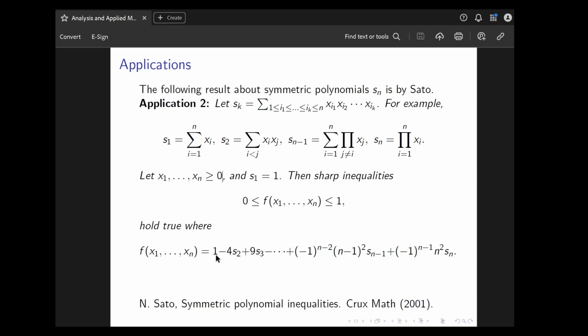The form is very interesting. 1 minus 4s2 plus 9s3, in general, minus 1 to the n minus 1, n squared sn. This is always between 0 and 1. Now, in view of the results of the current paper, I can give a completely different proof for this inequality, a completely different approach to this inequality.